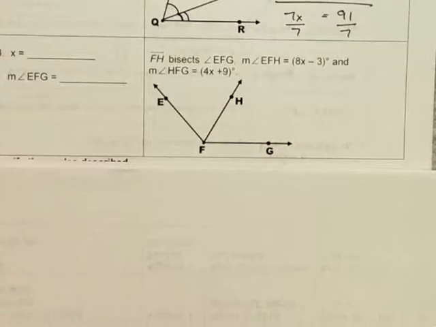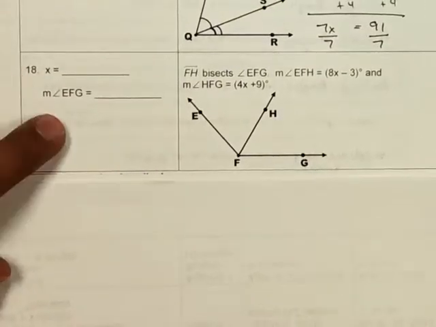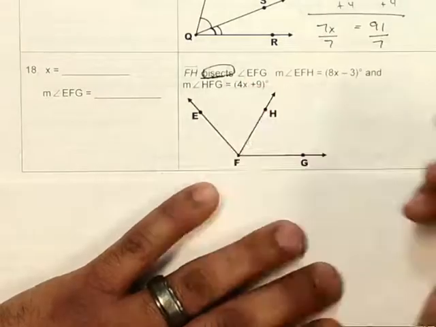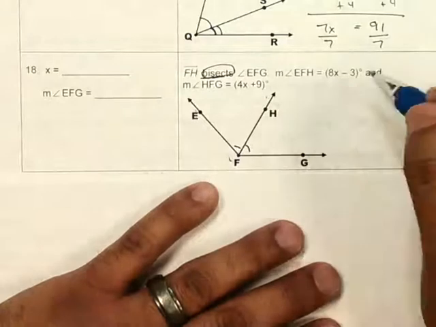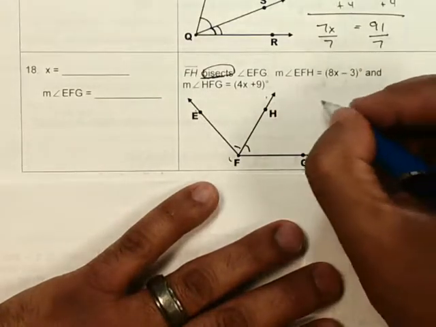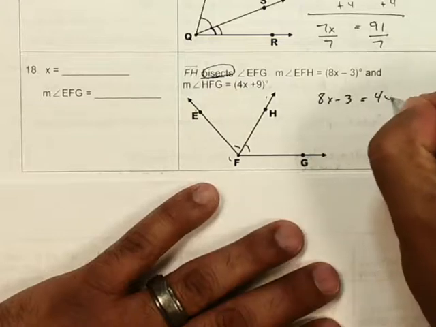All right, the next one, number 18. Again, we're going to solve for x, and then we want the measure of angle EFG. So on this one, we need to know what bisect means. That means these two angles here are congruent. So EFH is equal in size to angle HFG. So that's how we set up this problem. 8x minus 3 is equal to 4x plus 9.